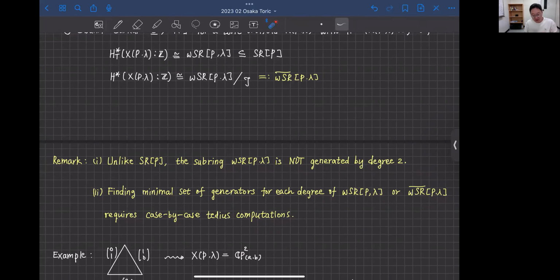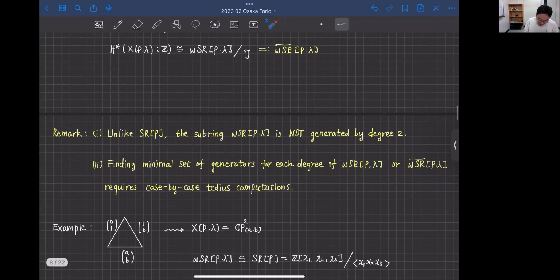We can describe some elements in the GKM cohomology, but from the GKM description, it is not easy to find the minimal set of generators for each degree. Similarly, for this weighted Stanley-Reisner ring, or the WSR bar modulo the linear relation, finding a minimal set of generators for each degree requires some case-by-case, very tedious computation. This is doable, but it requires a lot of work.